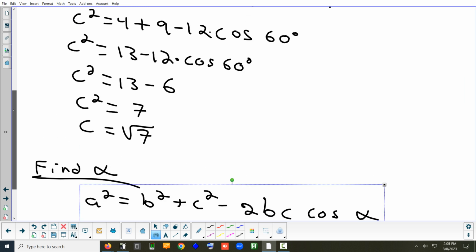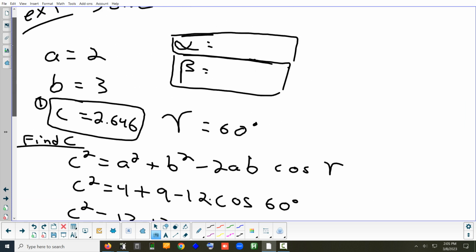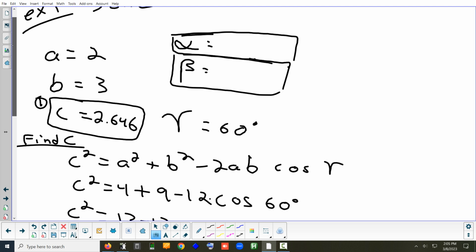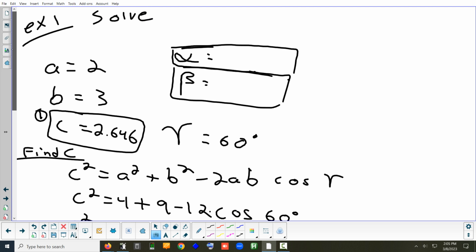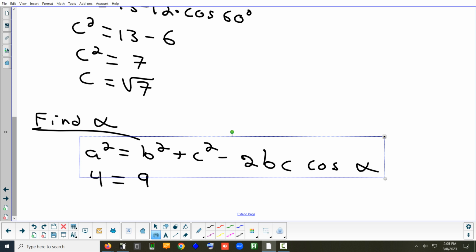Okay, so a squared, go back up. What's a squared? 4. What's b squared? 9. And what's c squared? 7.